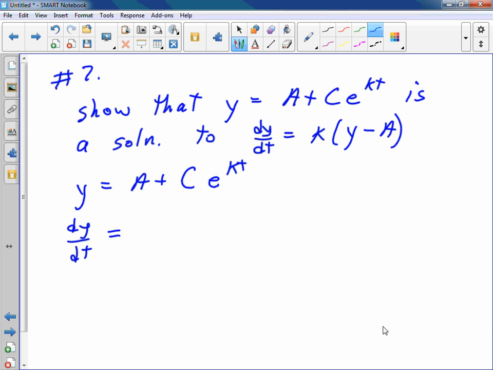What's the derivative of a constant, Jacob? Derivative, not integral. Good job. So we got 0 plus.